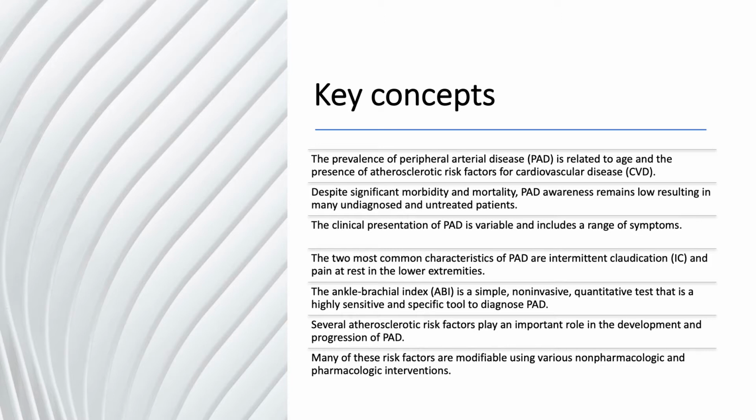The two most common characteristics of PAD are intermittent claudication and pain at rest in the lower extremities. Later on, I'll explain what intermittent claudication means. The ABI, the ankle brachial index, is a simple, non-invasive quantitative test that is a highly sensitive and specific tool to diagnose PAD.